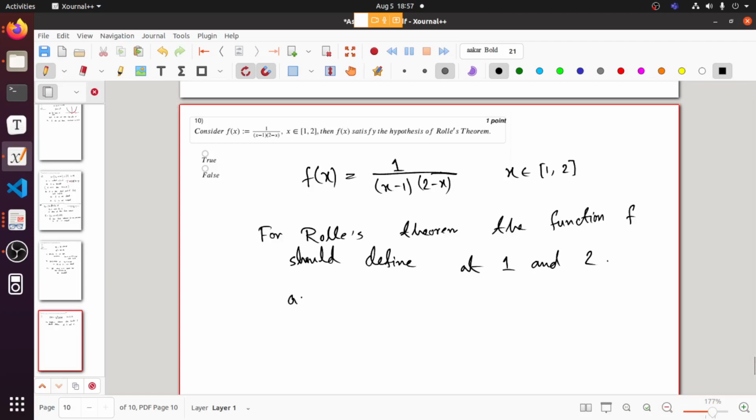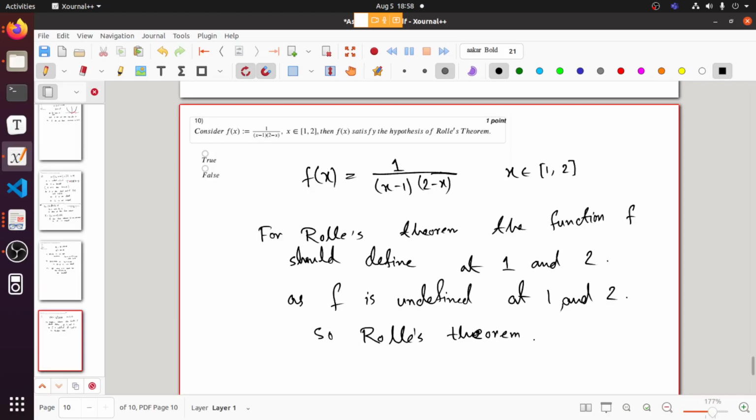So as f is undefined at 1 and 2, Rolle's theorem is not applicable. Right? So this is false. Rolle's theorem you cannot apply.